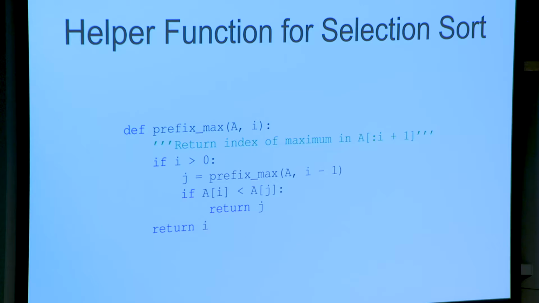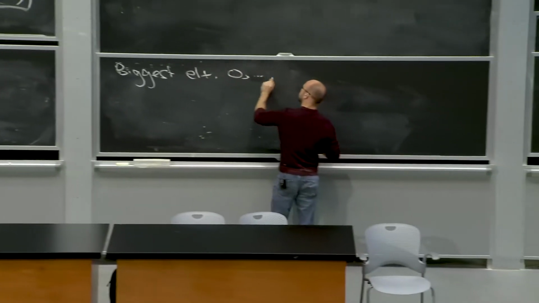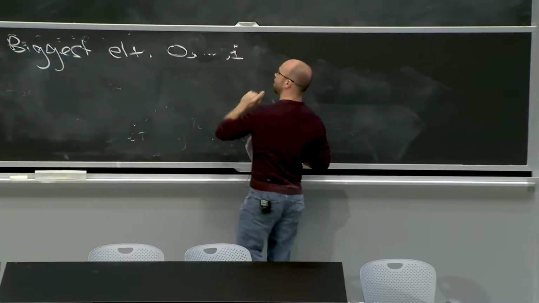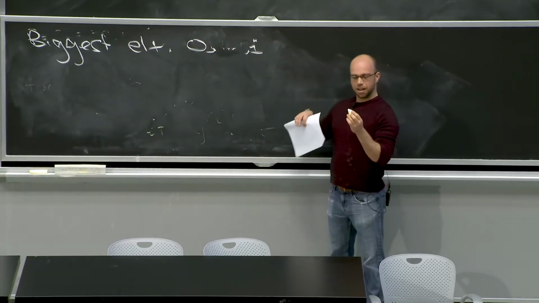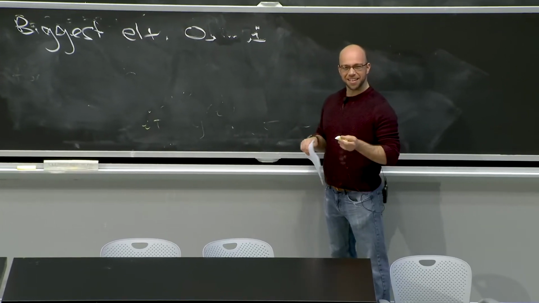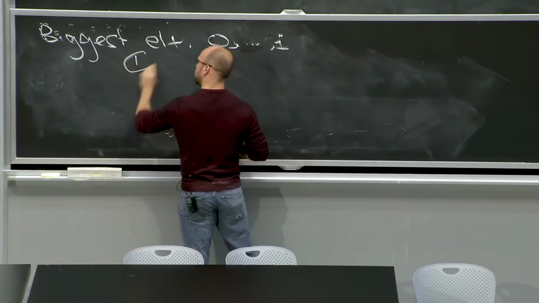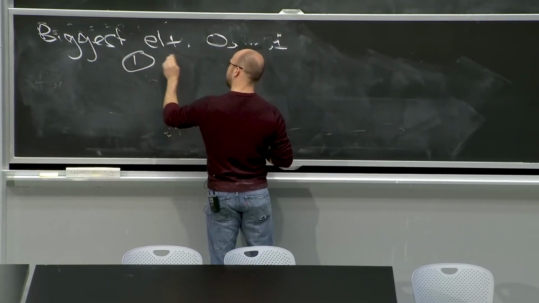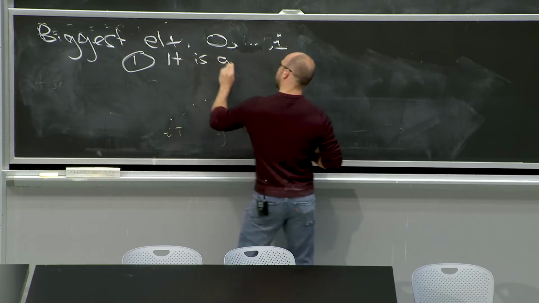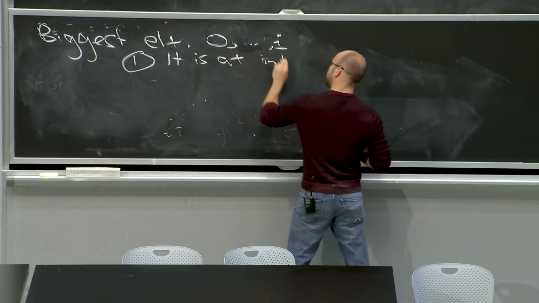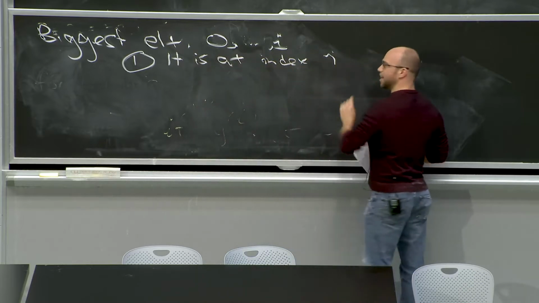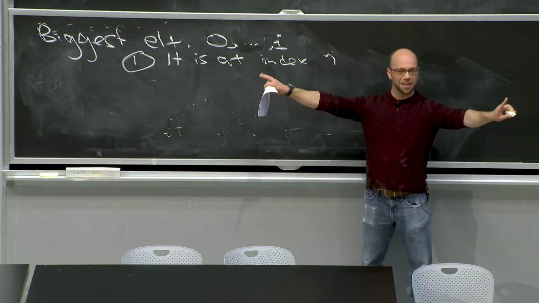Well, here's an interesting observation, really a deep one, which is that the biggest element from 0 to I, there's sort of 2 cases, right? Either it's at index I, meaning like I have the first 10 elements of my array.